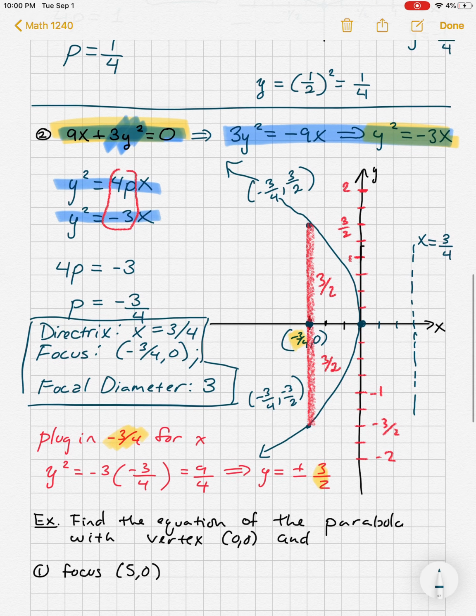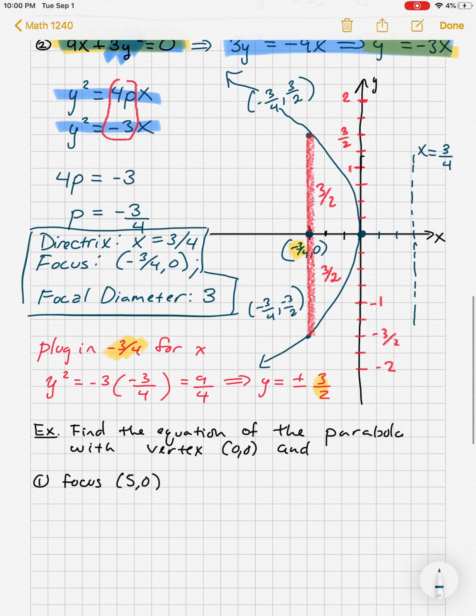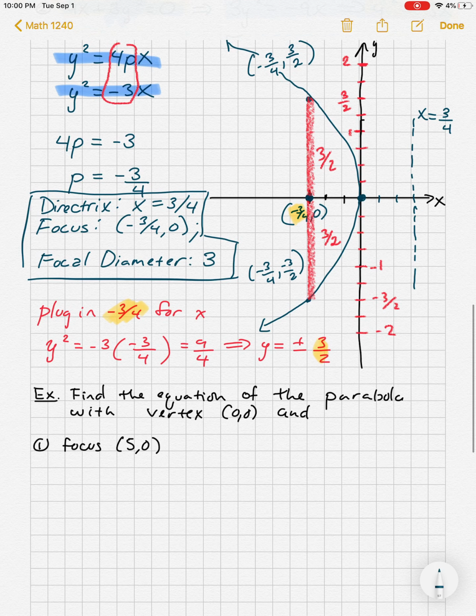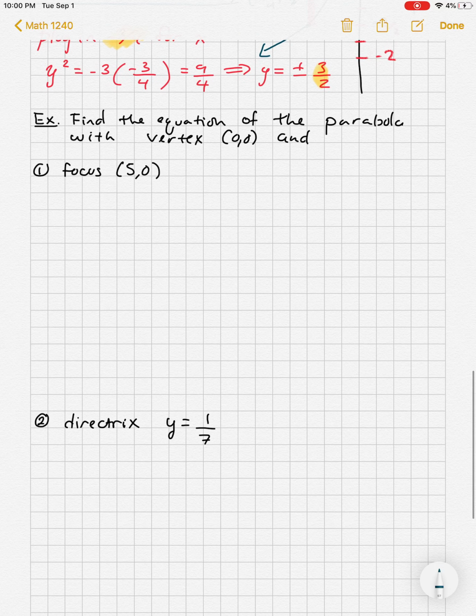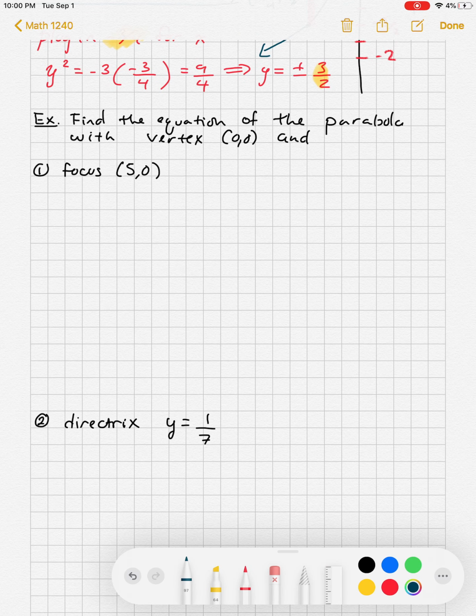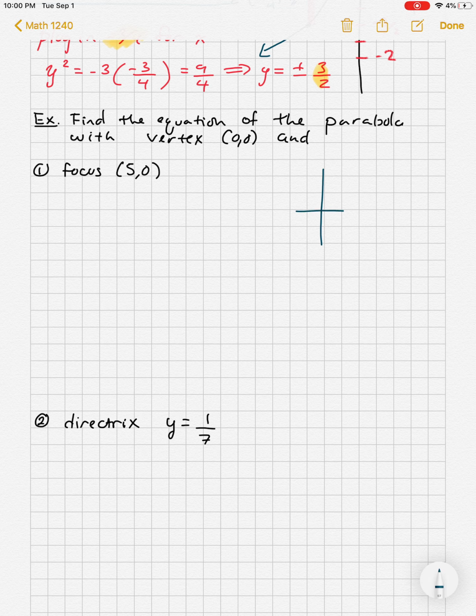Harder, huh? Find the equation of the parabola with vertex 0, 0 and focus 5, 0. Okay, so I'm not doing a fancy sketch. I'm just saying, if the focus point is here, I know this is a horizontal parabola.